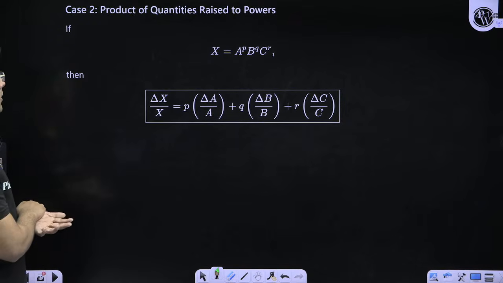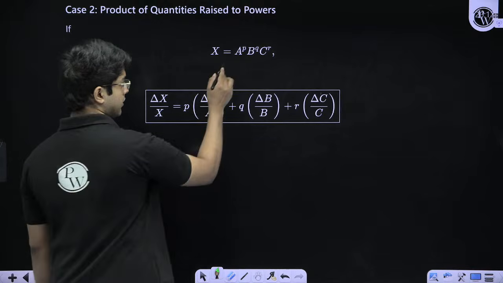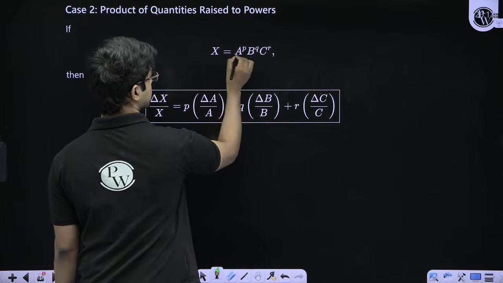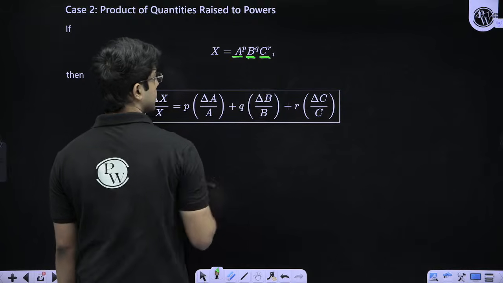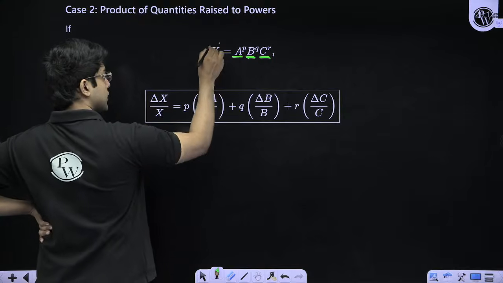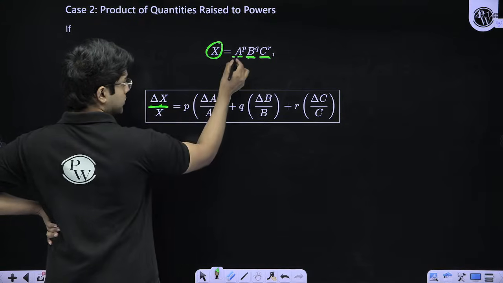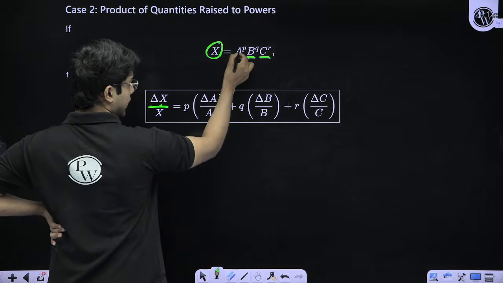Okay, now basically we are combining a raised to p, b raised to q, and c raised to r. In the previous we only had a. Now there are 3 different quantities. So here also the pattern is the same. If you want fractional error in x, delta x by x, what is the power of a? It is p.